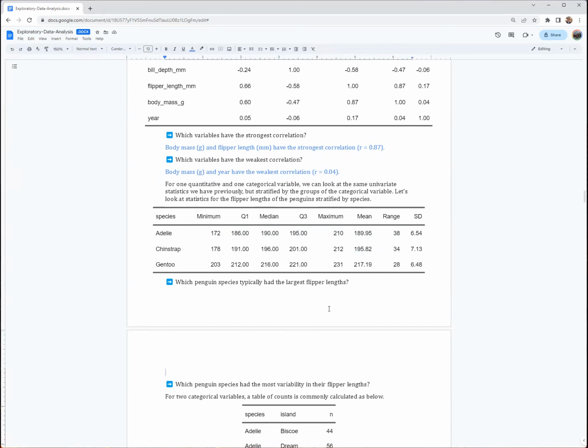So from this, we can tell which penguin species typically, so getting at its middle or typical value, had the largest flipper lengths. So that would be which one had the largest mean, essentially, or median. That looks like the Gentoo penguins.